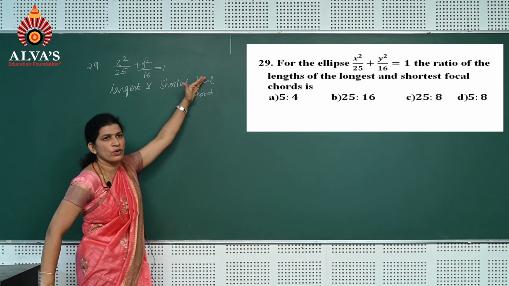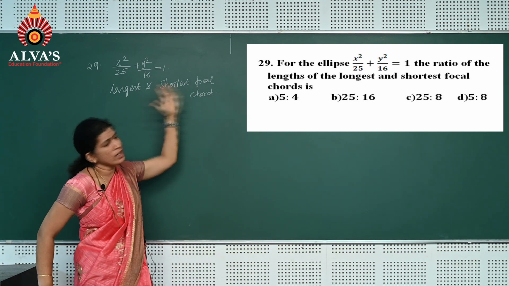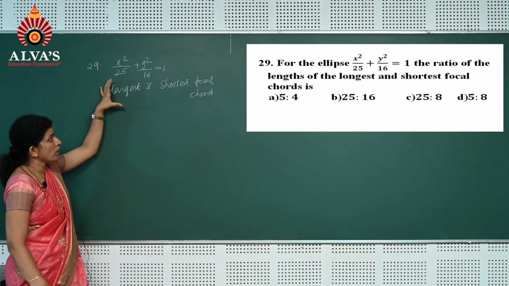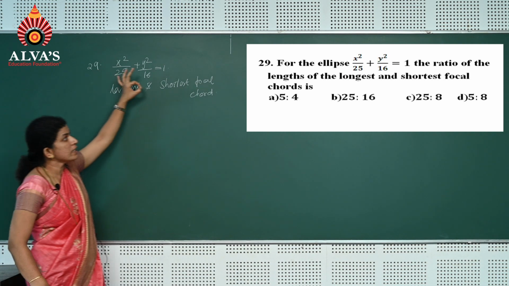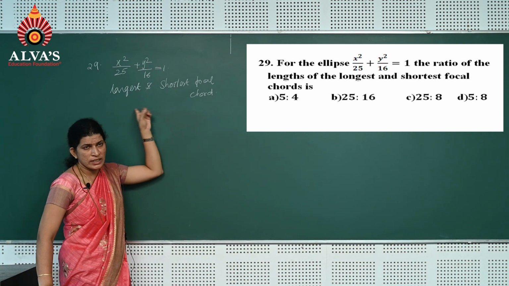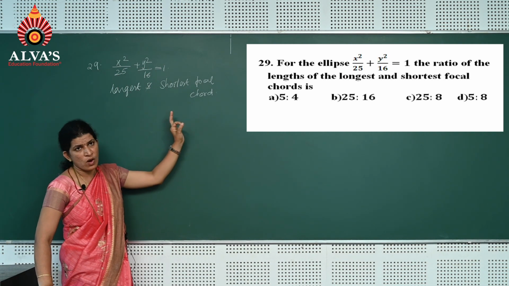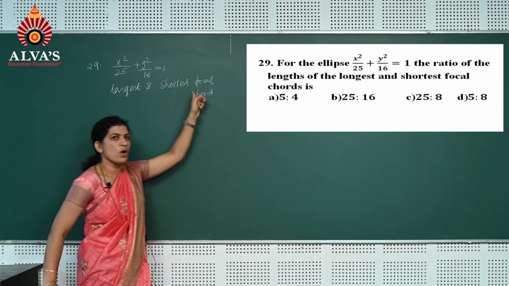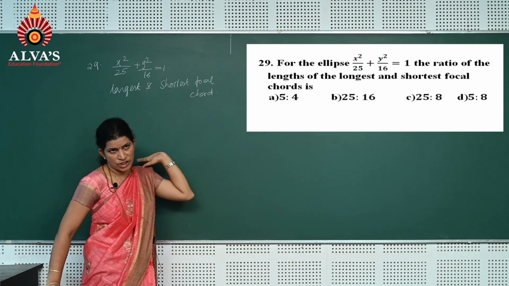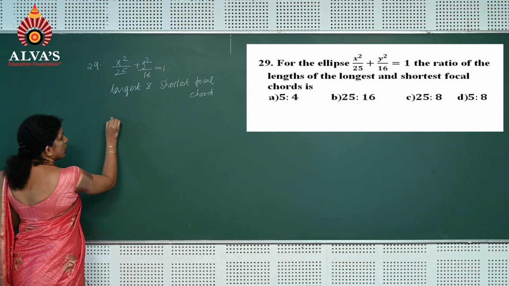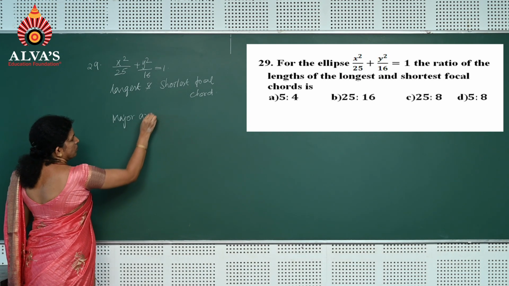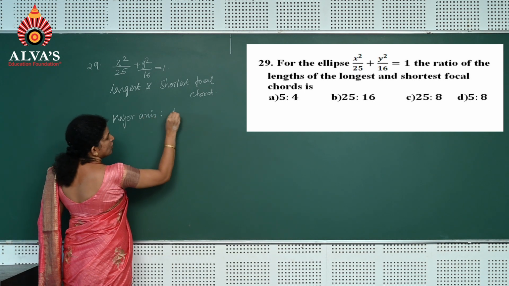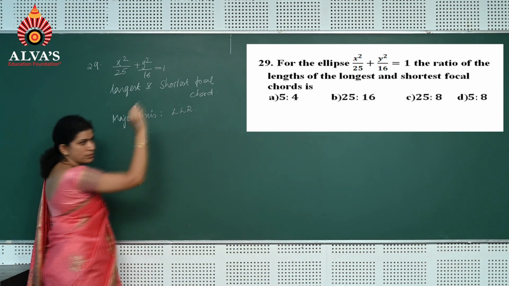As I told before, a focal chord is nothing but any line which passes through the focus. We know the longest focal chord is nothing but the major axis. So the major axis is the longest focal chord and the shortest focal chord is nothing but our latus rectum. So we want a ratio of the major axis to the length of the latus rectum.